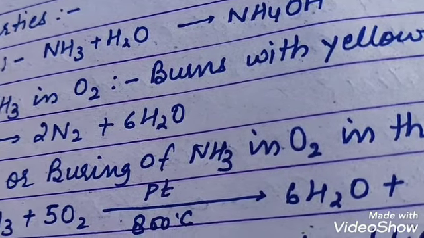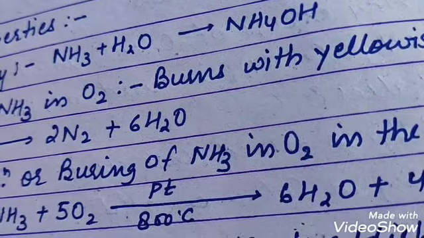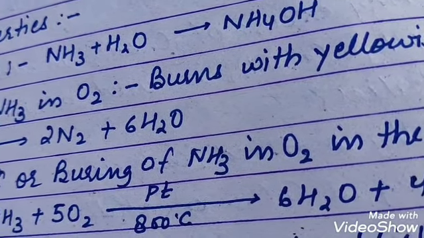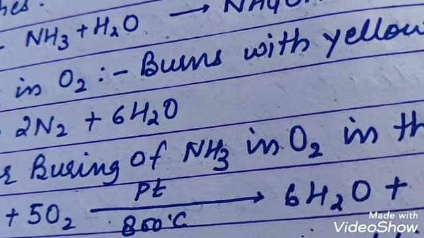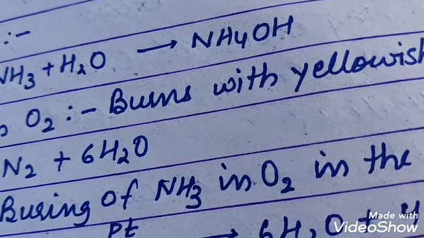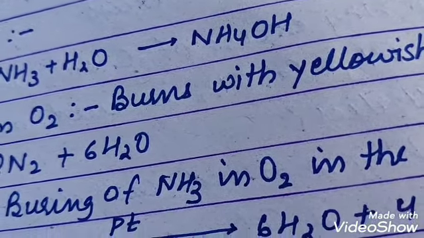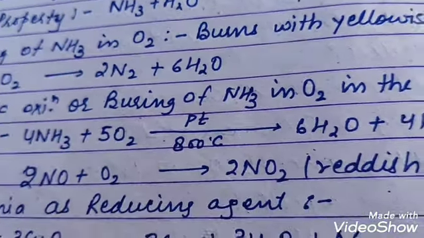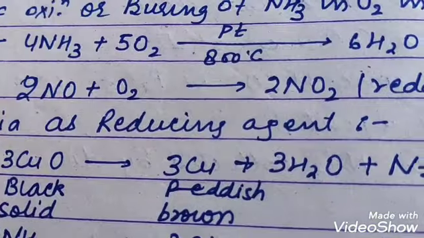So that heat will be taken up from the surroundings, and the surroundings will get cooled down. That is why it can be used in an ice plant. So basically, which coolant do we normally use? CFC. In place of CFC we can use liquid ammonia, but we are not using it.